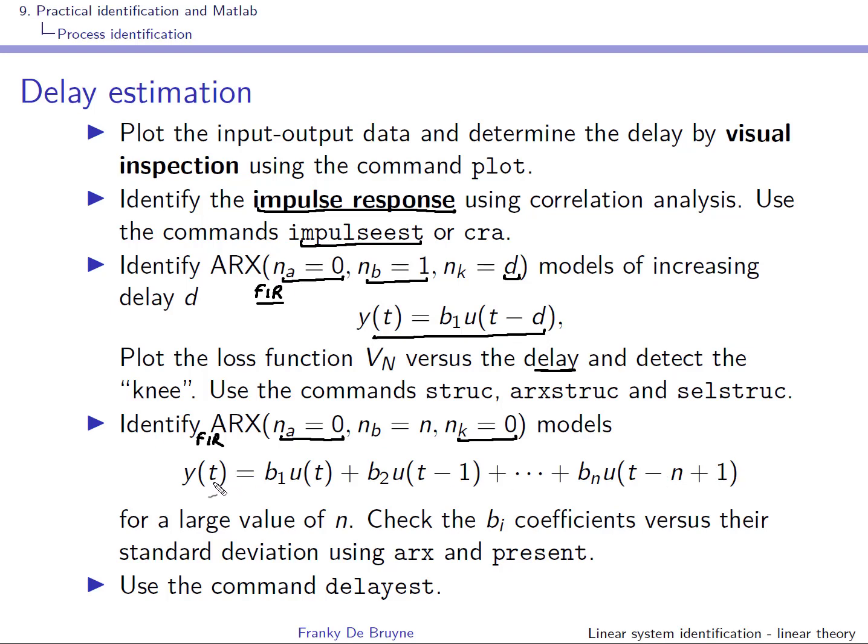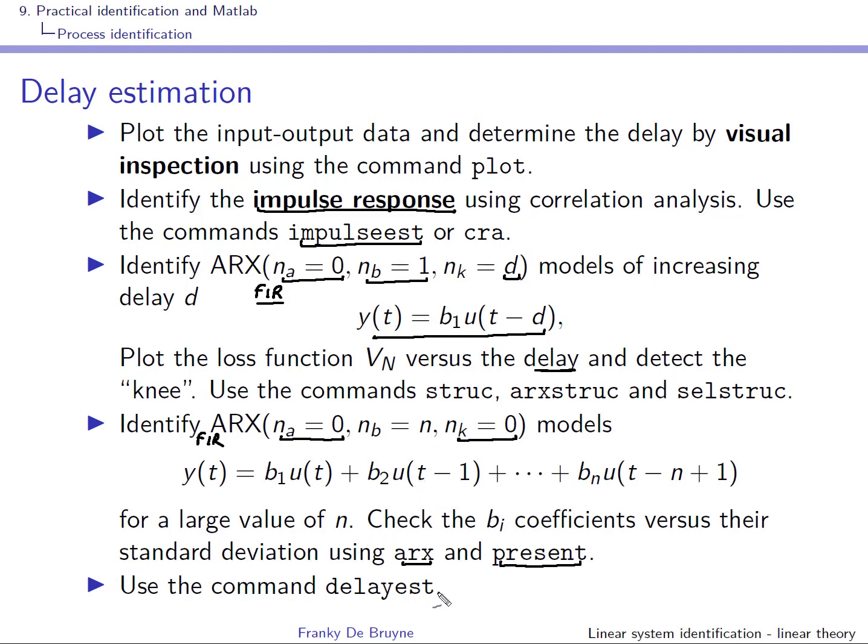So you identify the model using the command ARX, then you look at present and you check the B coefficients versus their standard deviation, and at some stage you'll see a B where the value of the estimate will be substantially higher than the confidence interval, and this will allow you to obtain the delay.